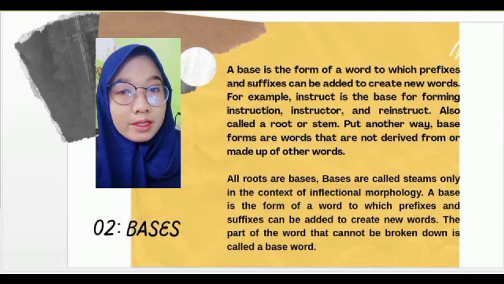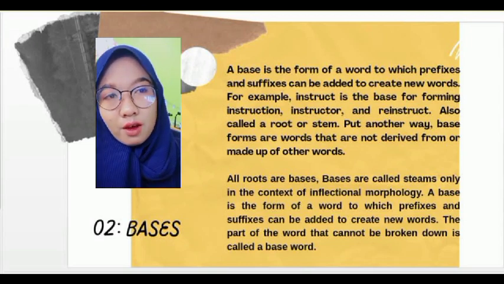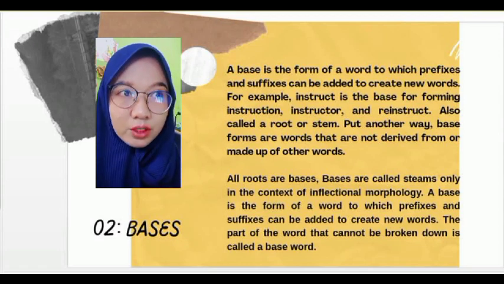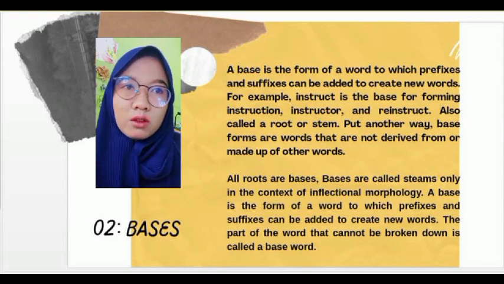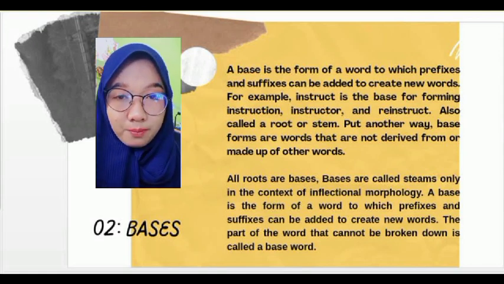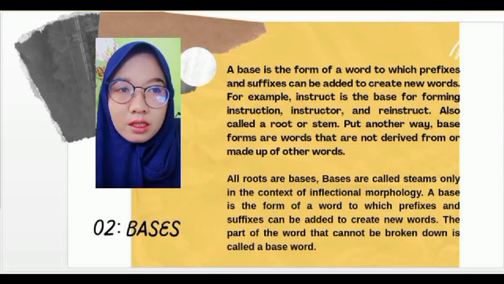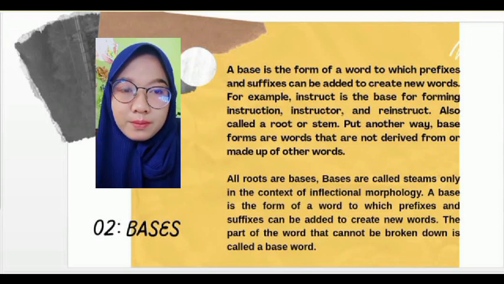Okay, and then for the second, what is a base? Okay, viewers, a base is the form of a word to which prefix and suffix can be added to create new words. For example, instruct is the base for forming instruction, instructor, and re-instruct. It's also called a root or stem. Put another way, base forms are words that aren't derived from or made up of other words.